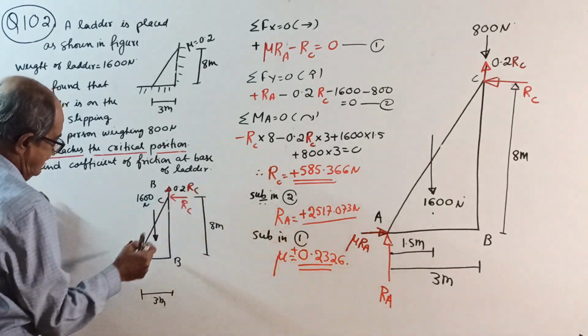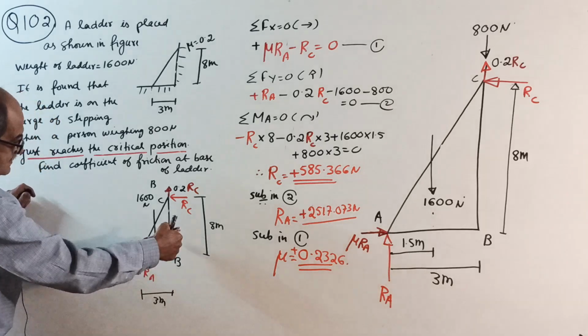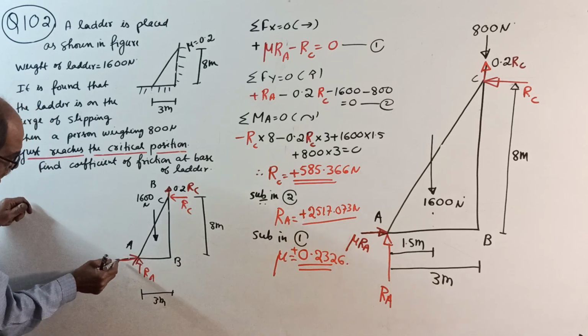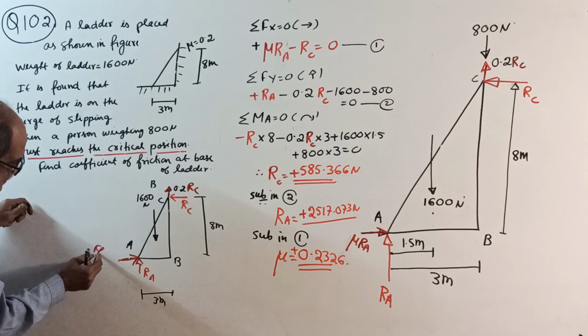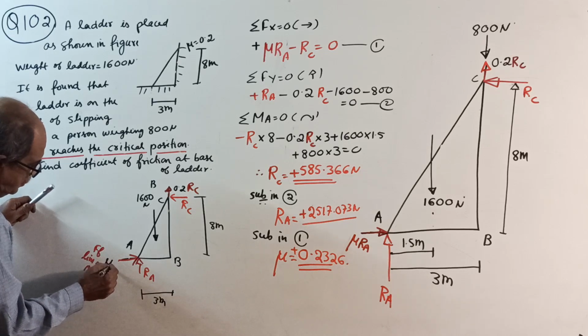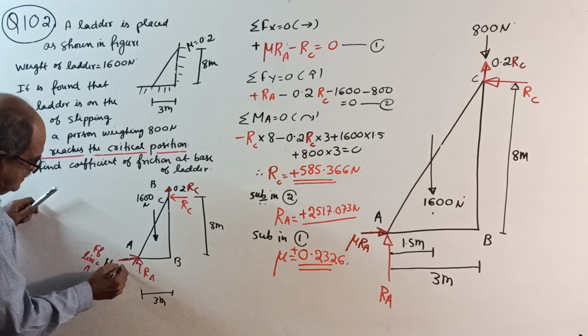That is also over. Here, normal reaction RA. Then, slipping this way, this is the frictional force FF right here. FF limit at A equals whatever is the mu at A into RA.